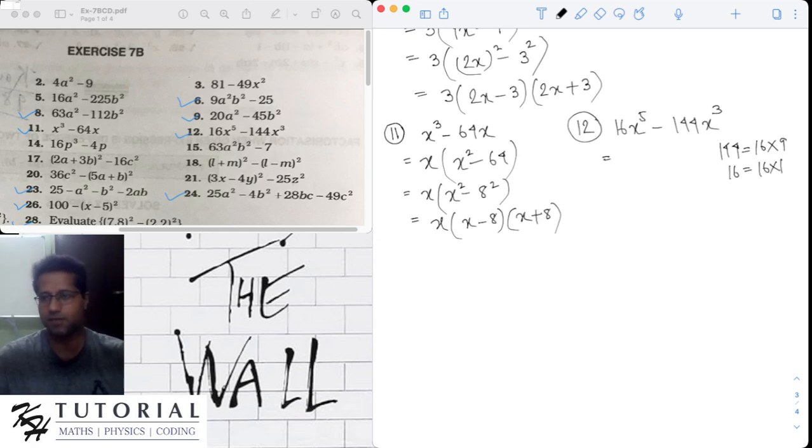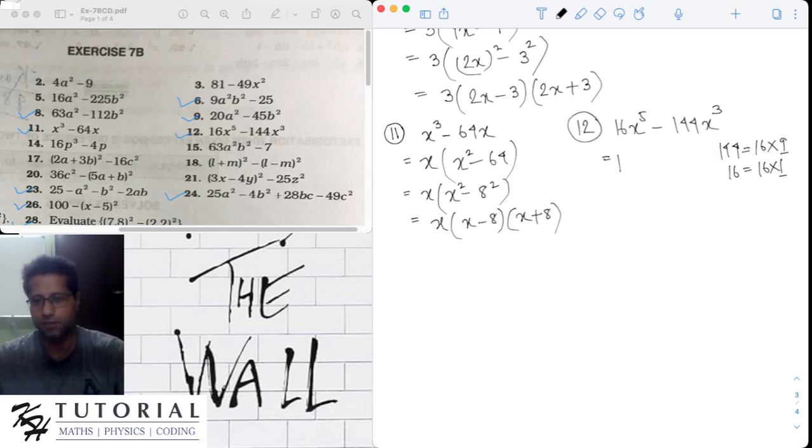Now I can clearly see that if I factor out 16 from the coefficients of both the terms, I will be left with 9 and 1, which are perfect squares. So I would like to factor out 16 from the coefficients and x cube from the variable part.